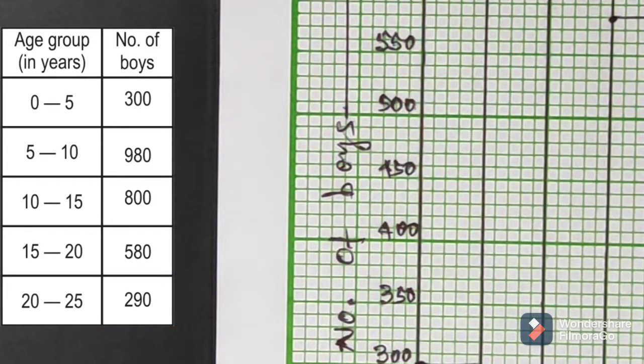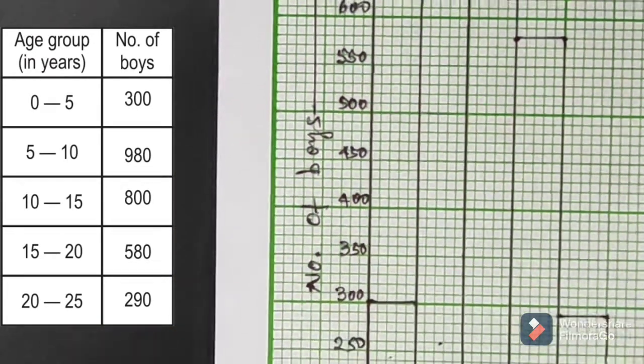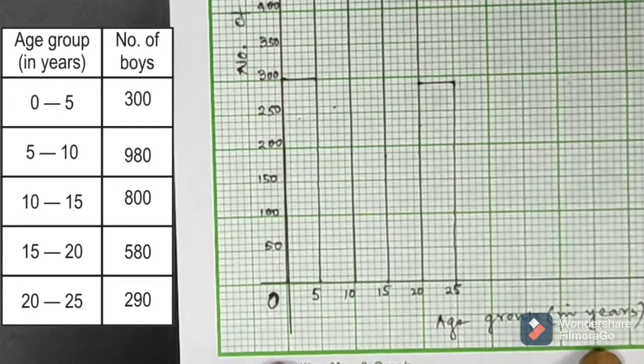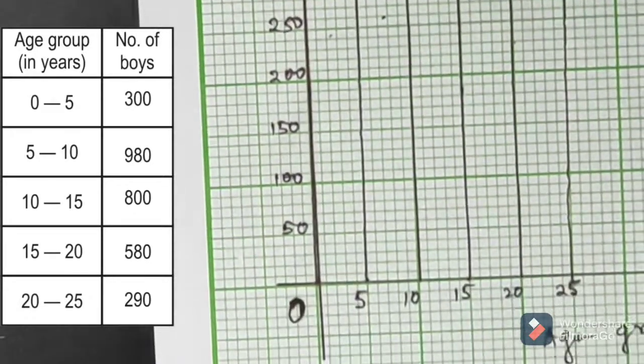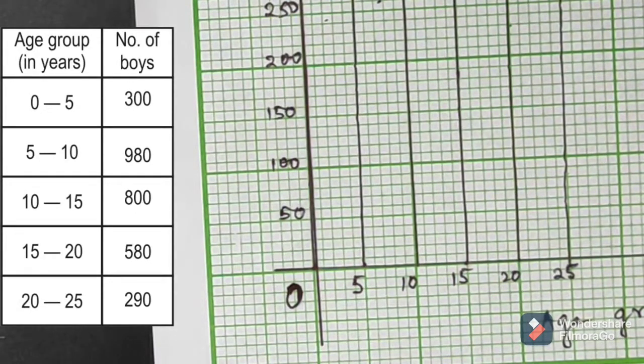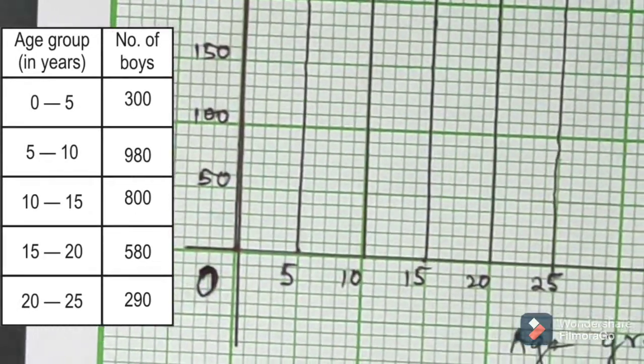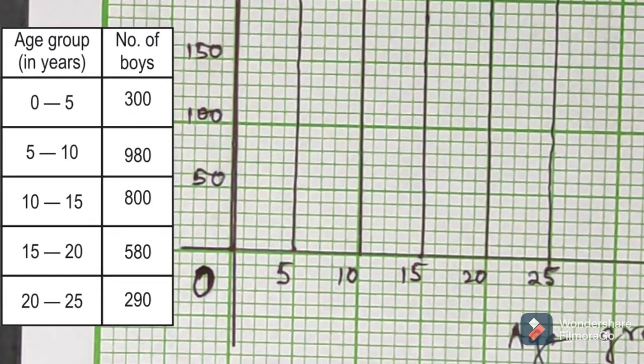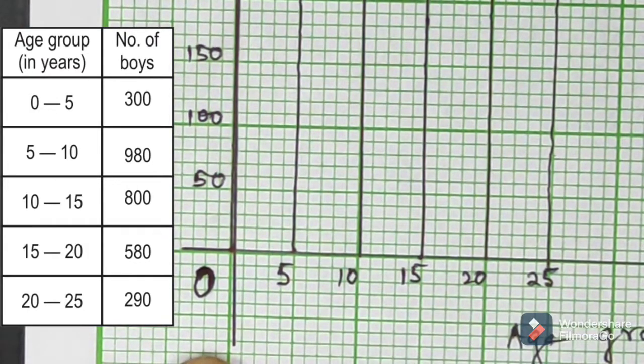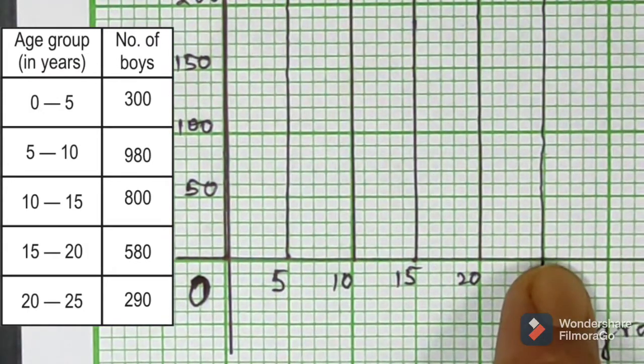Now in the x-axis there is no problem. Problem means what? Since there are only 25 divisions, the highest point is 25. Therefore, we won't have to do anything with the x-axis.